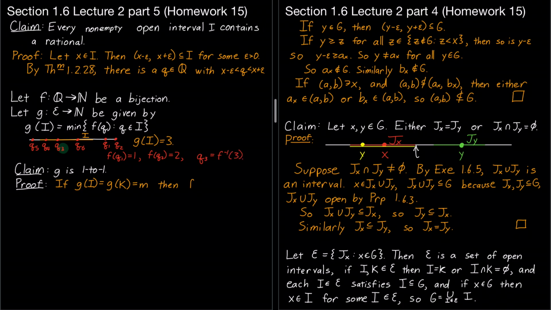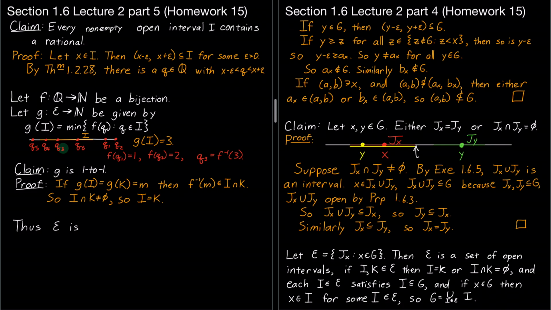Then f inverse of m is a rational number. It has to be in both I and K. That is, q sub m is in I, and also q sub m is in K. So I and K are not disjoint. So I equals K. And this completes the proof.